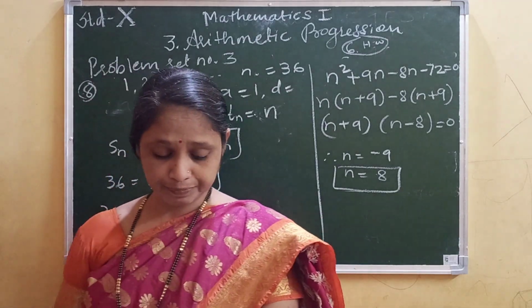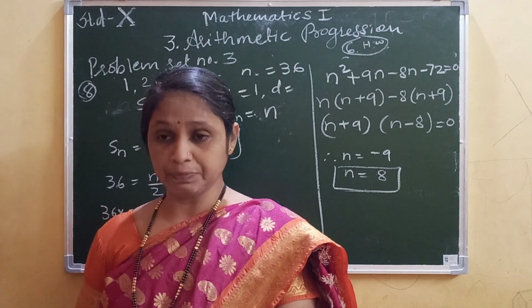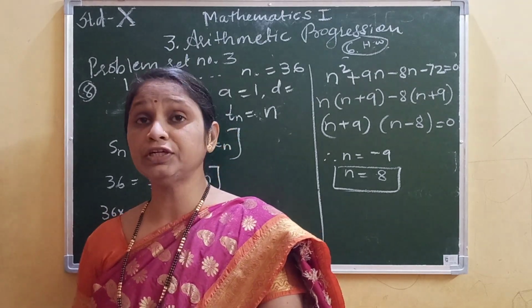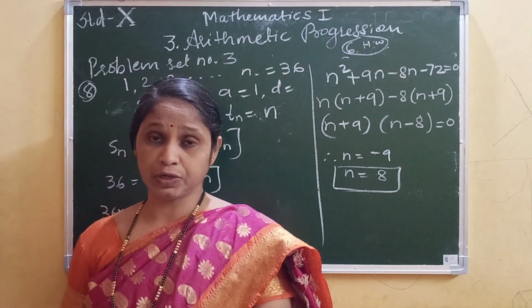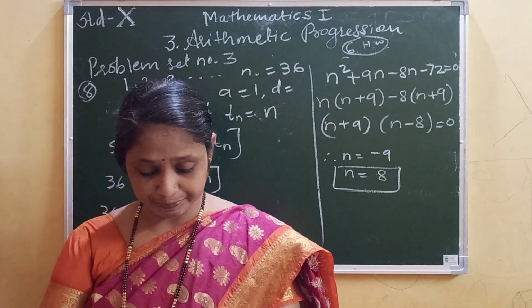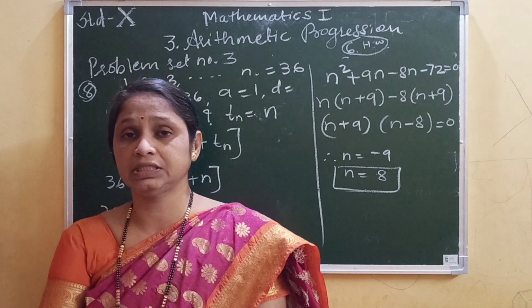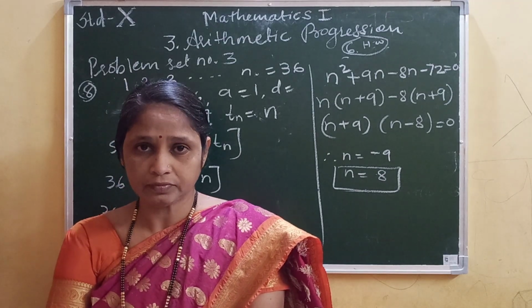So what you have to do is find the amount of simple interest after 20 years. Means we have to find T20. So for T20 you have to use the Tn formula.